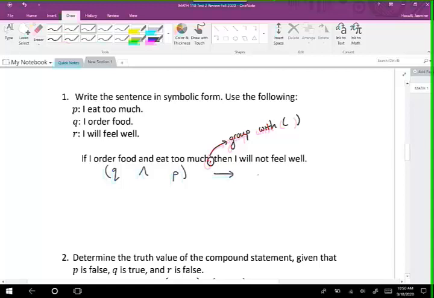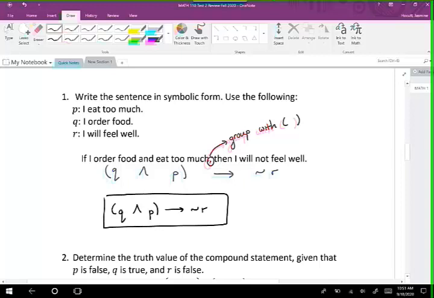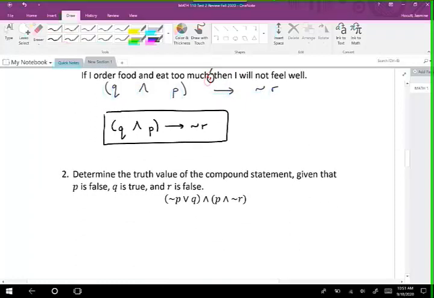And then not feeling well is the opposite of R. So I'll put squiggle R. So if I put that all together, I have Q and P going to not R. And that's the translation of that statement. Okay. So you want to know all the symbols and know what they mean.